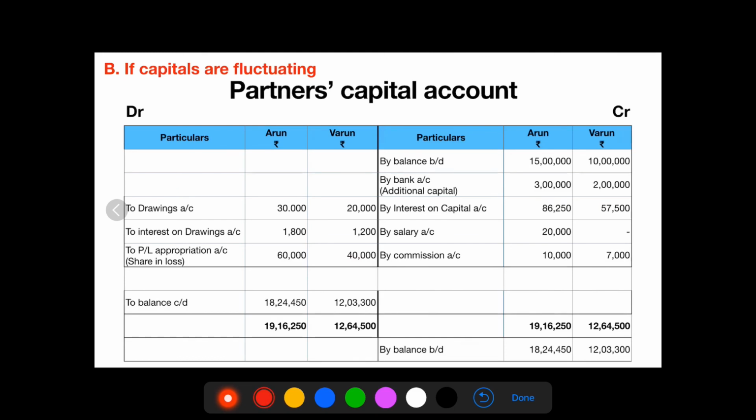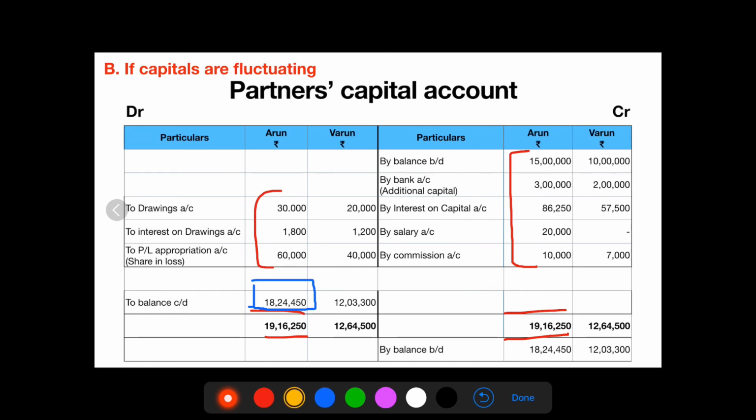So now let's do the balancing of the partners. Beginning with Arun, the credit side amounts are more than the debit side. So first let's do the balancing. We will get 19,16,250 minus 30,000, 1,800, 60,000. We will get an amount of 18,24,450.